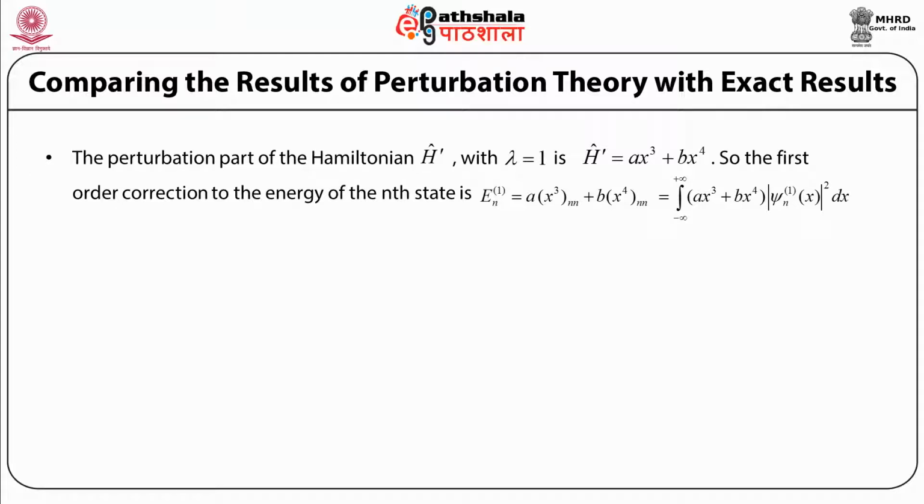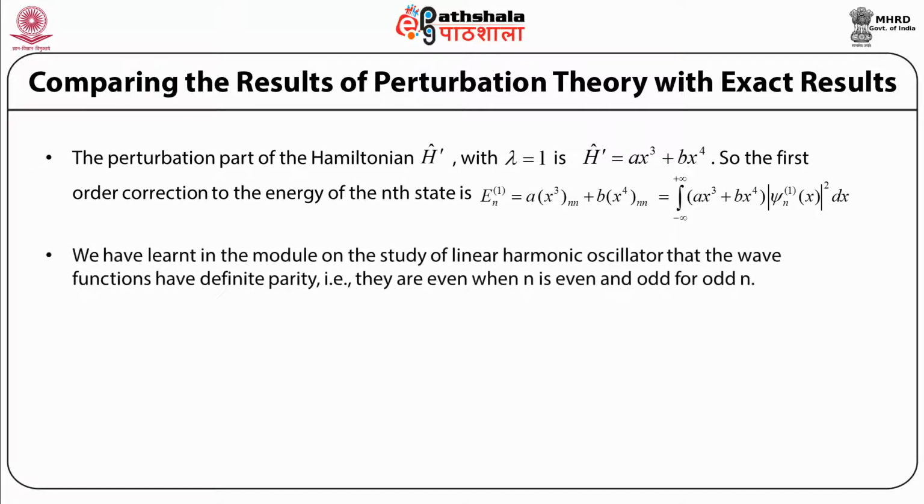So the first order correction to the energy of the nth state is E_n^(1) equals a into (x cube)_nn plus b into (x to the power 4)_nn, which is again equal to the integral from minus infinity to plus infinity of (a x cube plus b x to the power 4) into psi_n(x) modulus square dx.